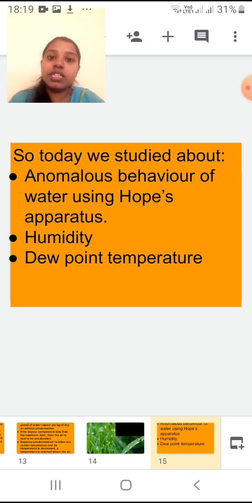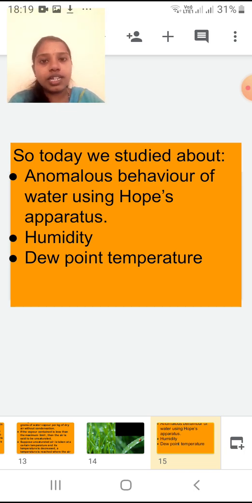Next we saw humidity. Humidity is nothing but the presence of water vapor in the atmosphere. How much water vapor or moisture is present in the atmosphere, we call it humidity. Then we saw saturated and unsaturated air with vapor.